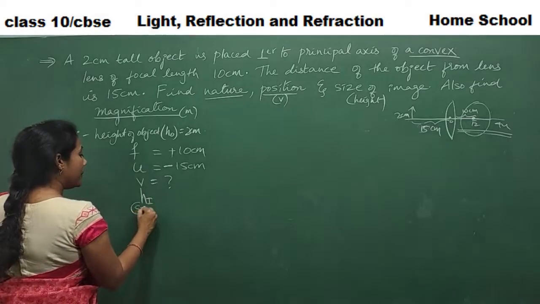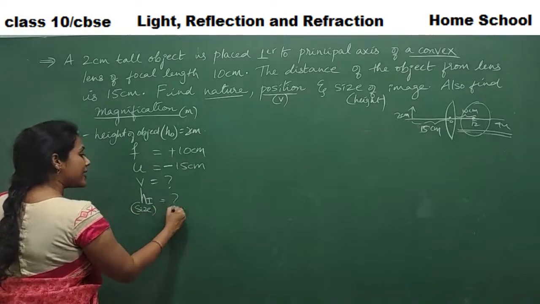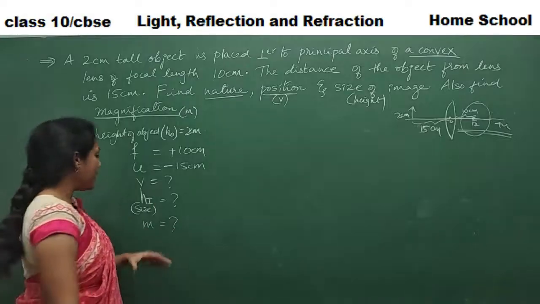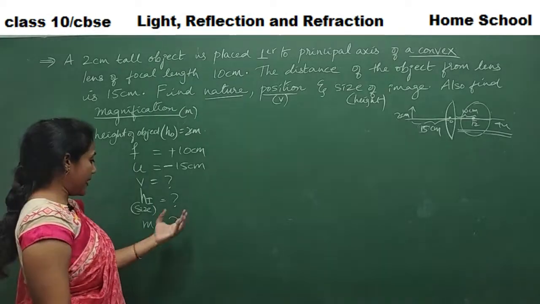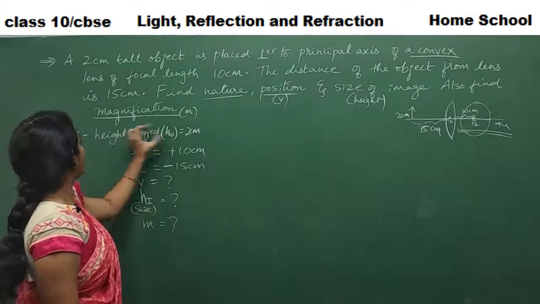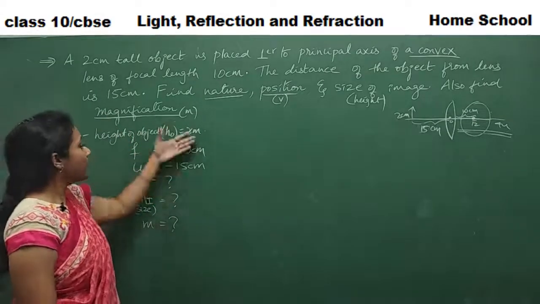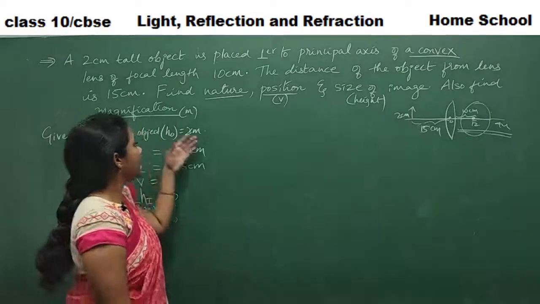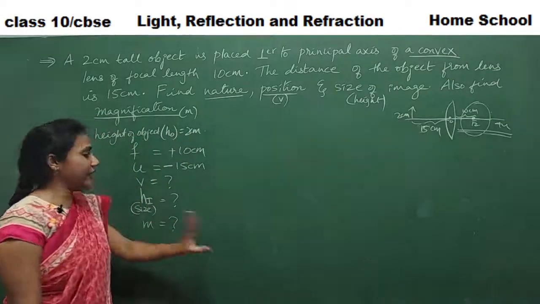This is what we mean by size. And also they are asking the magnification value. That means how much difference is there between height of the image and height of the object. How many times is the image height lesser or greater than the object height? We need to find that also.